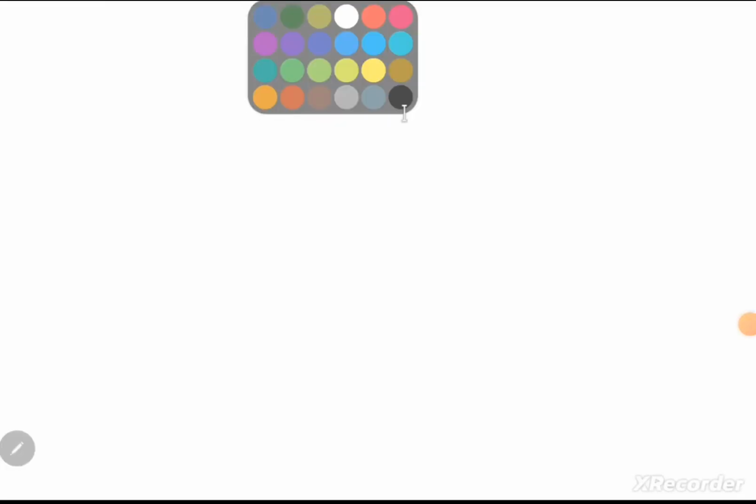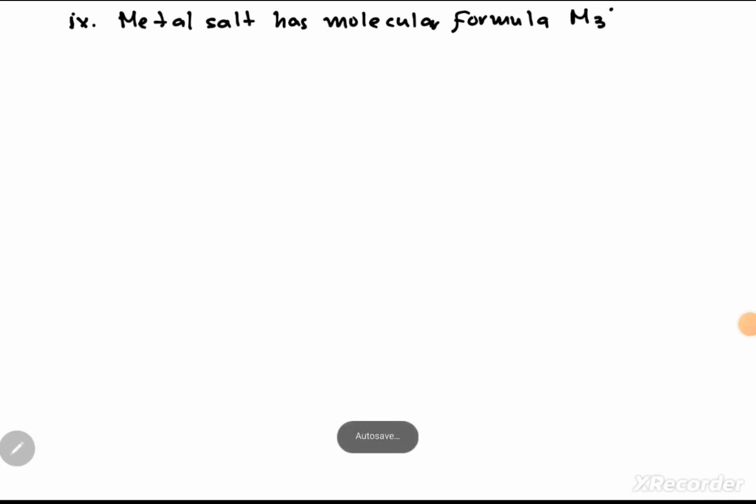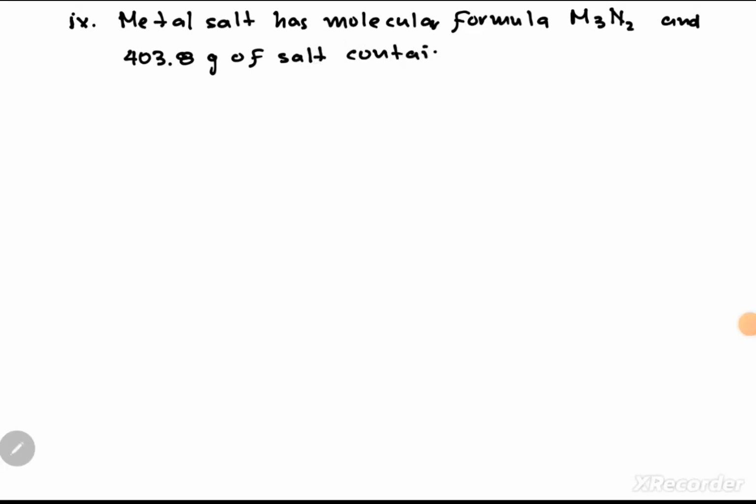Example 9. Metal salt has molecular formula M3N2 and 403.8 grams of salt contains 8 times Avogadro constant nitrogen atoms.